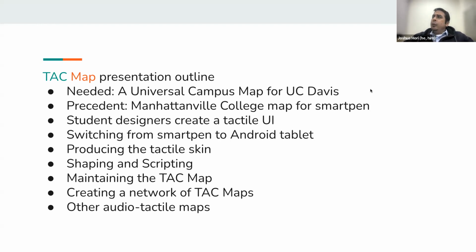Then we ran into a snag where the smart pens were discontinued, and how we continued with an Android tablet. Then we're going to talk about producing the tactile skins, shaping and scripting, and the way that we can maintain the map. Creating a network of TAC maps is a potential possibility as well, and other audio tactile maps.